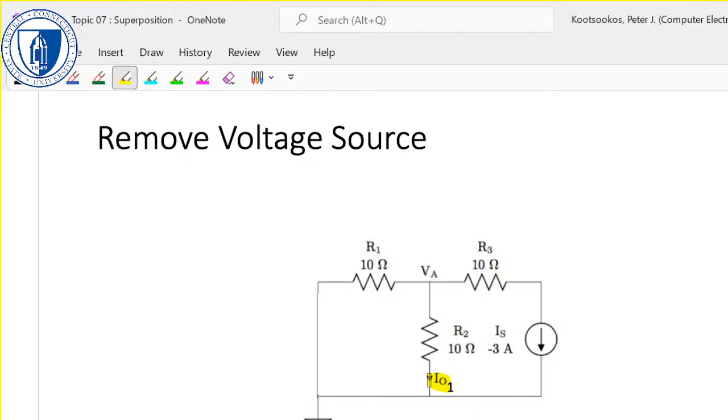So here, well, we can just look at this node.